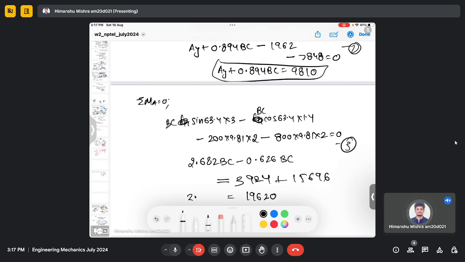And this is 2.06 BC. So my BC will be 9.542 kilonewton.